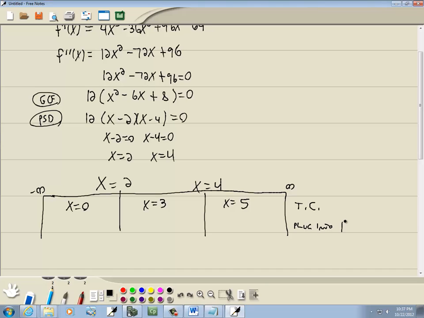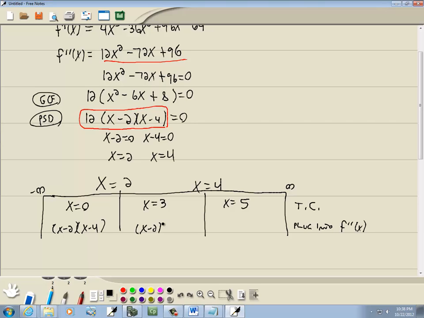We then want to plug that into our second derivative and see what our sign is going to be. Now, you could plug it into this one, that wouldn't be any problem. But this is the same thing just factored, and this is actually easier to plug it into. Now, the 12 we don't need to worry about. I can drop that. So the only one we're going to worry about plugging it into is x minus 2 times x minus 4.